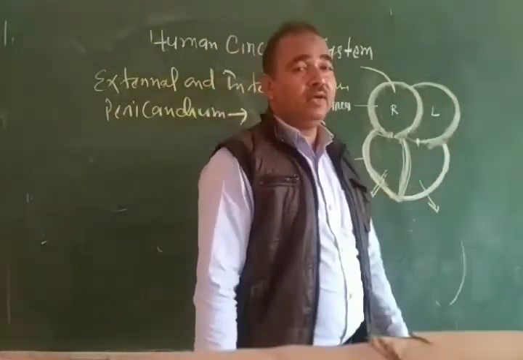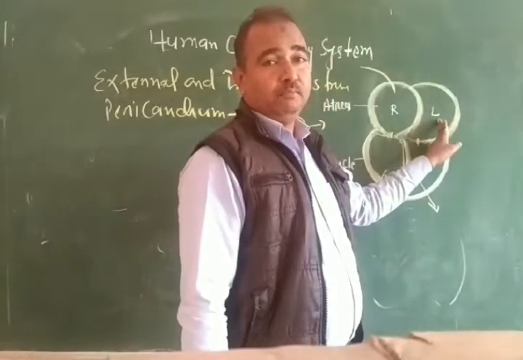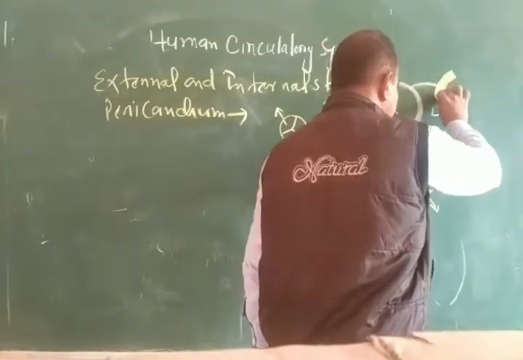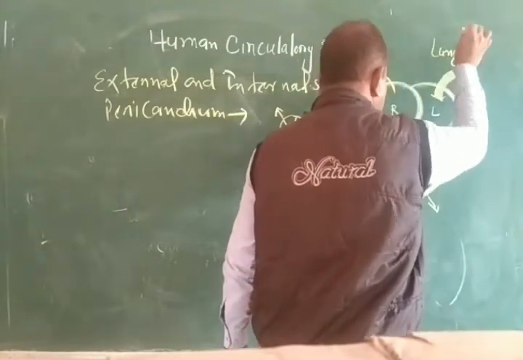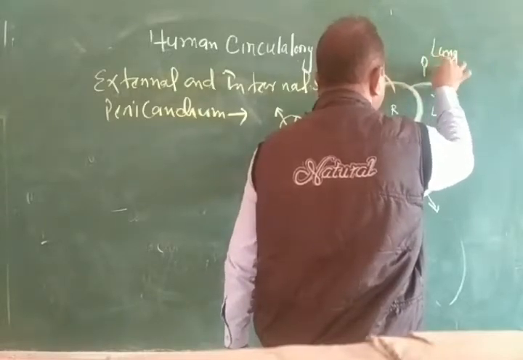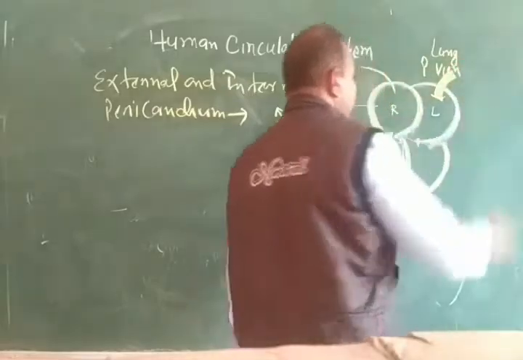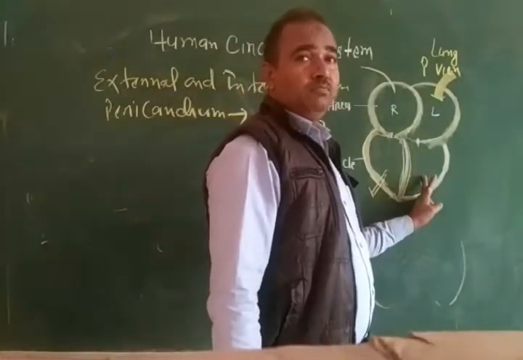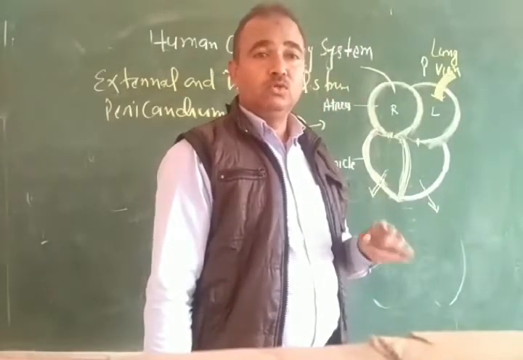On the left-hand side, it receives pure blood, and you know that pure blood always comes from the lungs by the pulmonary veins. This side pumps the pure blood to the body.